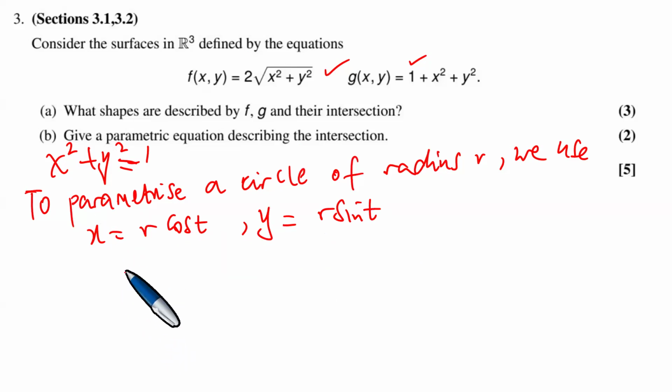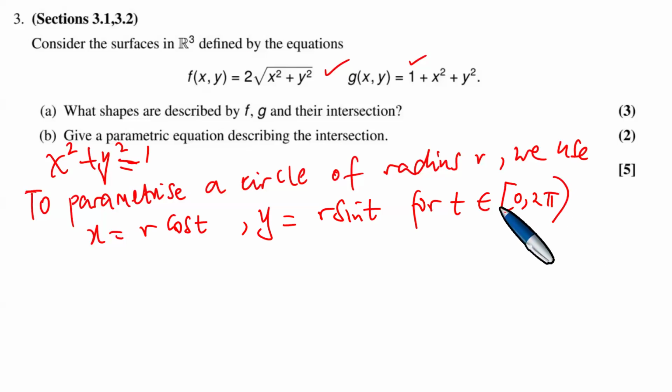Okay, you learned that, for t in the interval 0 to 2 pi, so you put square brackets around there.